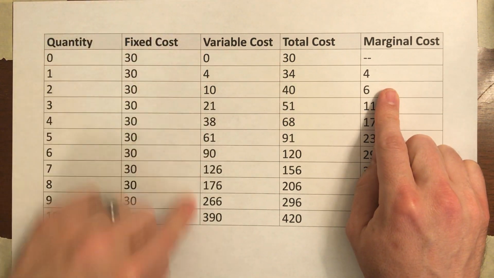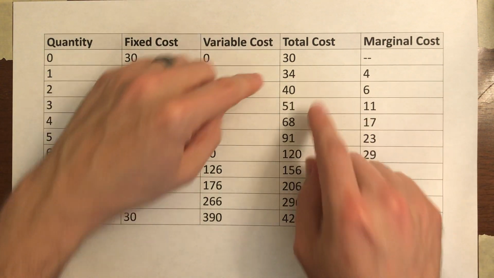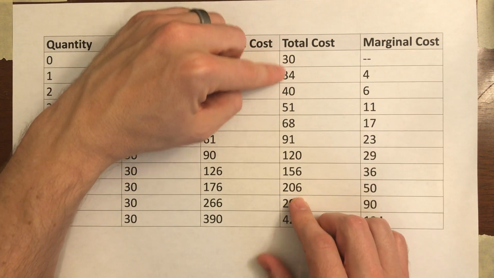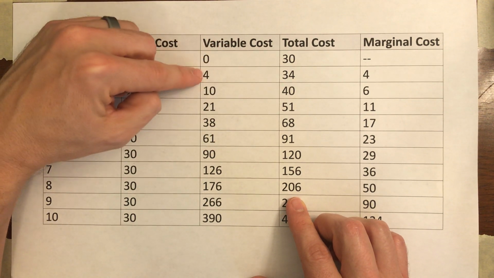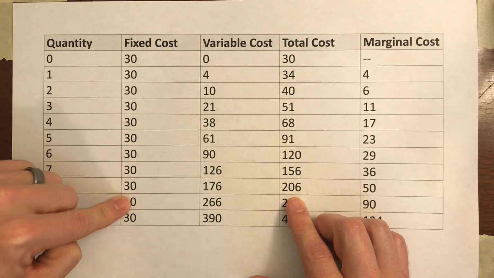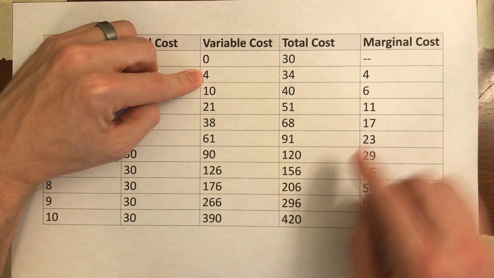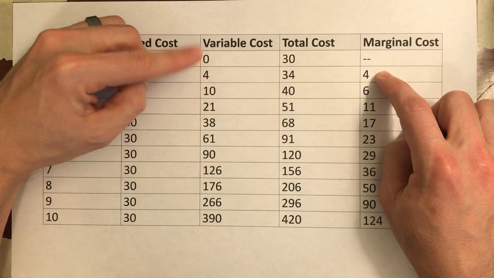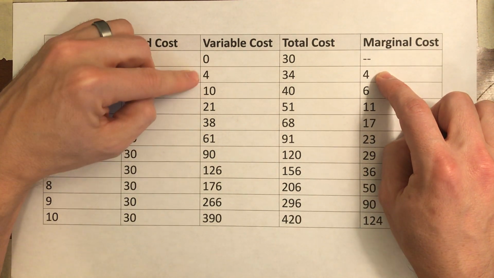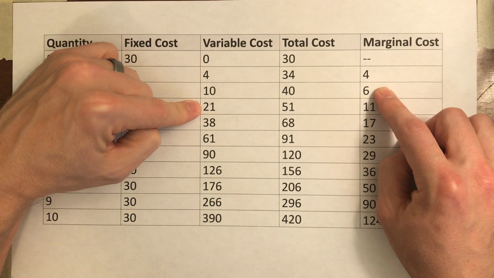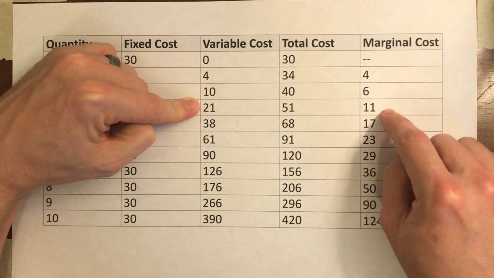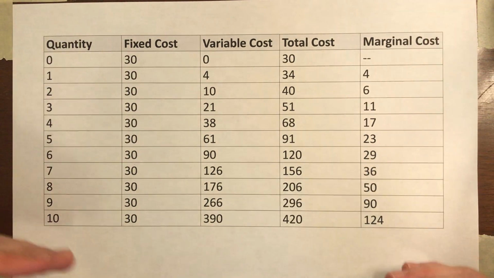All you need is the variable cost curve, because the difference in total cost between 2 different levels of output is always the same as the difference in the variable cost, because fixed cost is never changing. So 0 to 4, $4 marginal cost. 4 to 10, difference there is $6 marginal cost. 10 to 21, difference is $11 marginal cost, and so on.